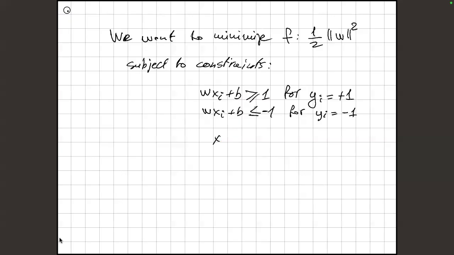This system of constraints can be written as y_i multiplied by (w x_i plus b) should be greater than 1.